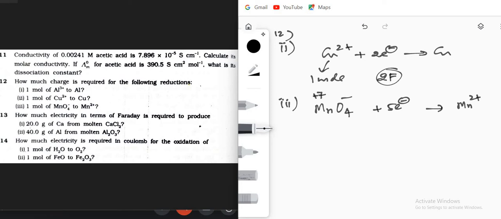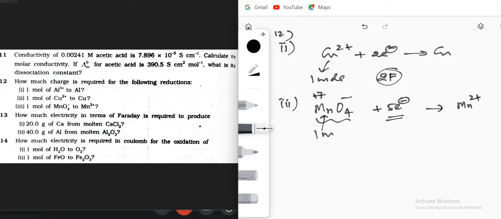That's all. My goal is not to balance the equation. On the left hand side, manganese is present in the plus 7 oxidation state. By reduction, it is converted into Mn2 plus. For this reduction, you require 5 electrons. Correct? Plus 7 to plus 2 requires 5 electrons.